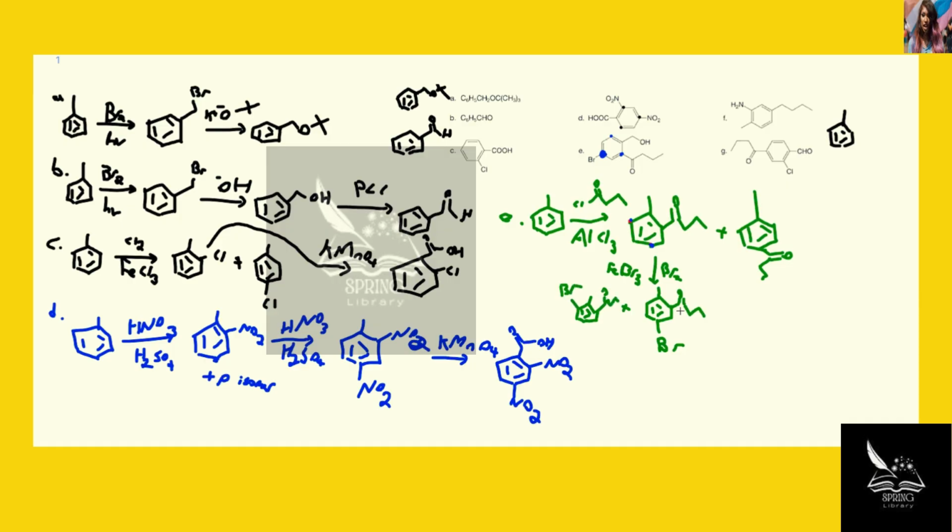Then we'll move forward with this isomer and do the same steps in B to generate an alcohol on this methyl group. So we'll add bromine with our radical initiator.